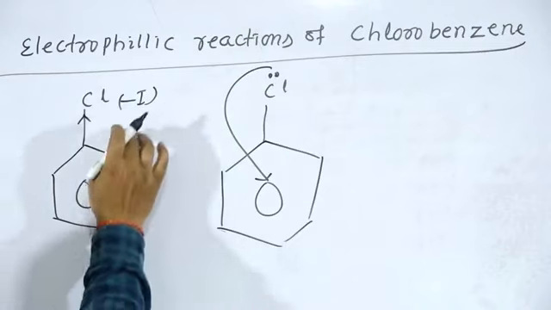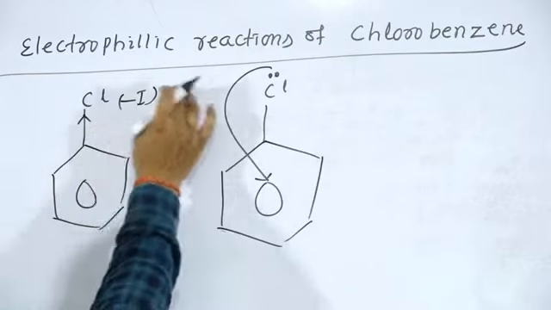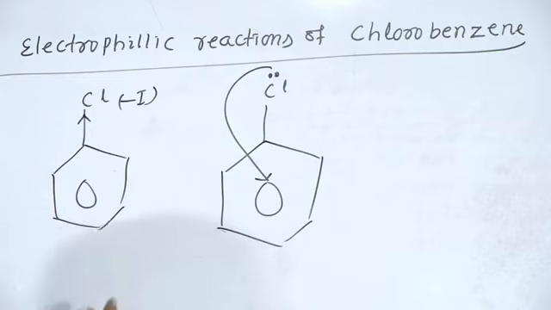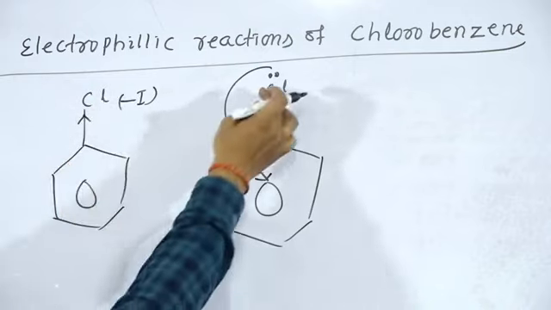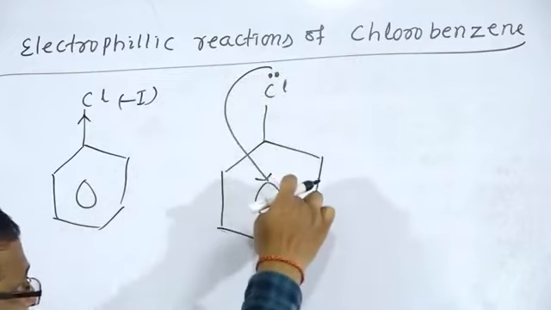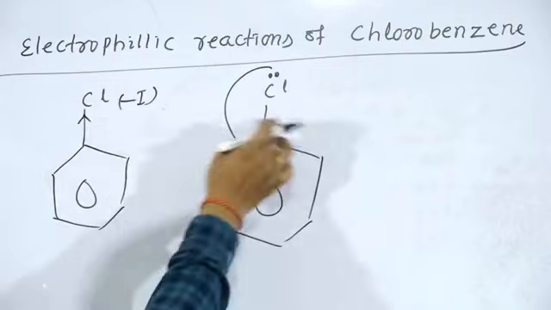In this electrophilic substitution reaction, they withdraw electron from the ring. And because of resonance, electron density increases in the ring. Two effects take place in opposite directions.